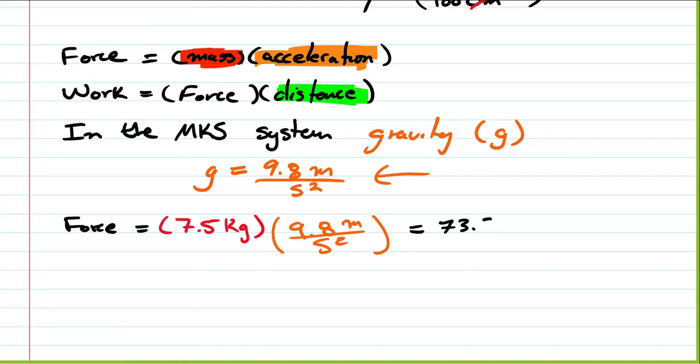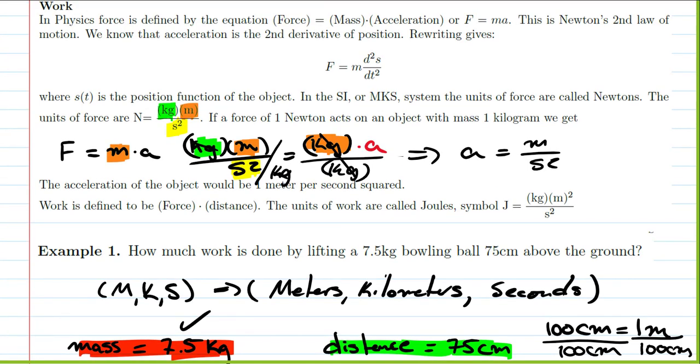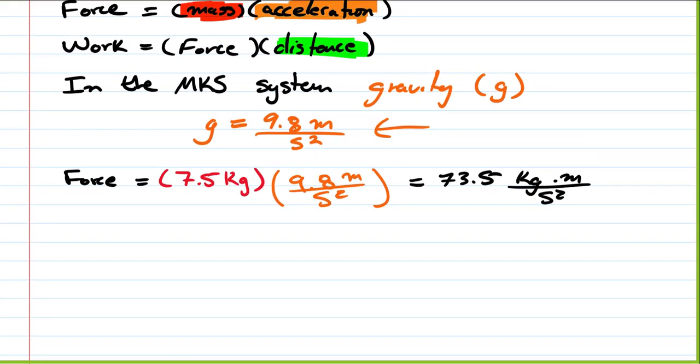Our units are kilograms times meters all over seconds squared. And indeed, kilograms times meters per second squared was our definition of a Newton. So now we have our force.